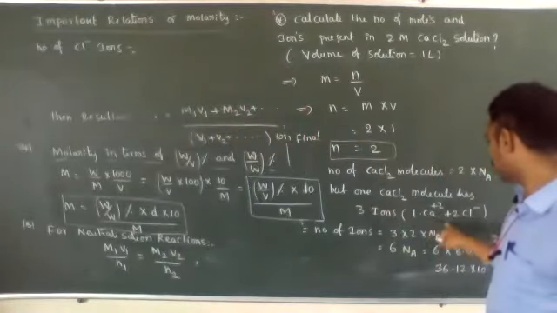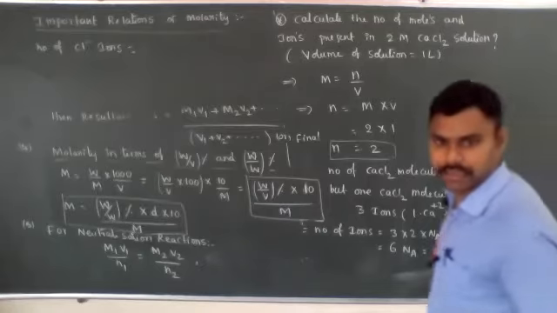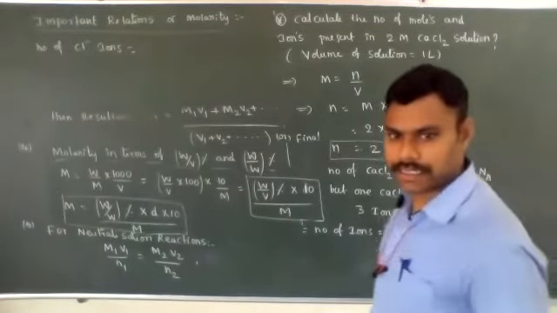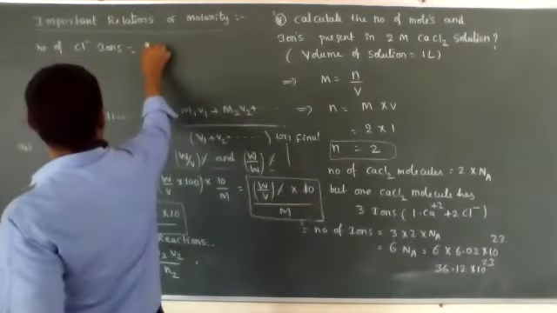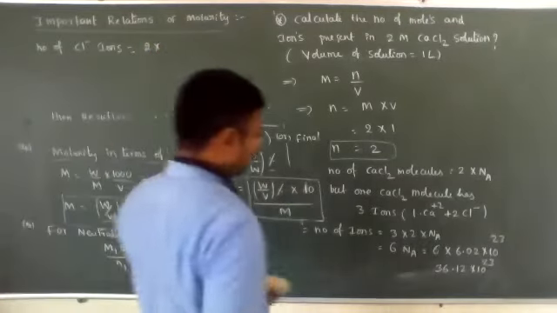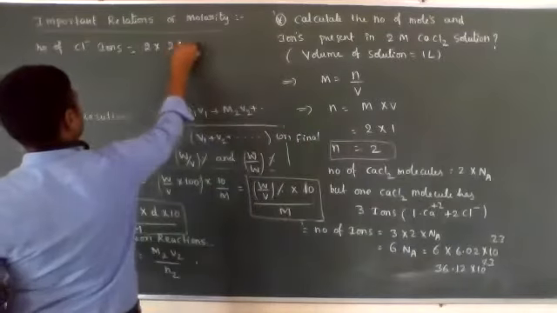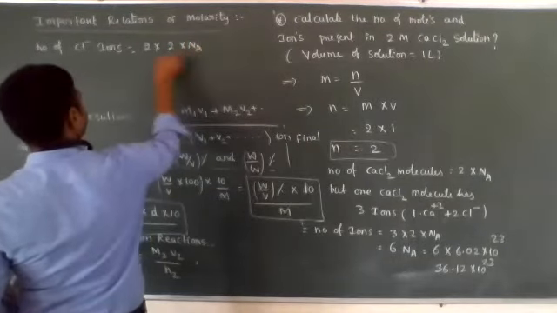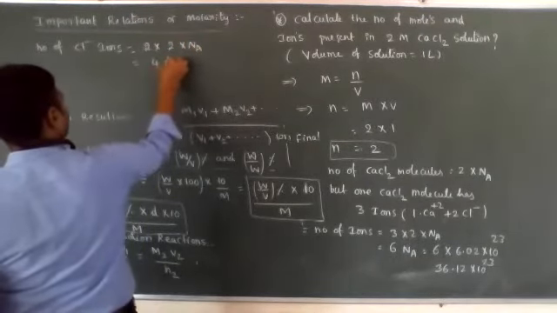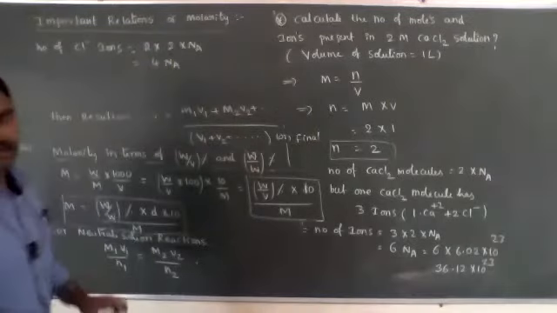One CaCl2 molecule contains 2 chloride ions. Then 2 into the number of moles, 2 Na, so 4 Na chloride ions are present.